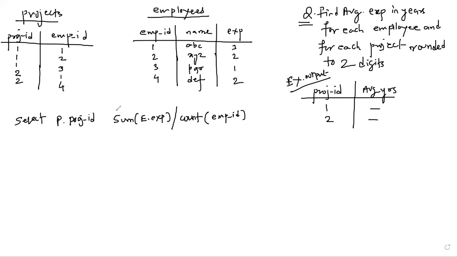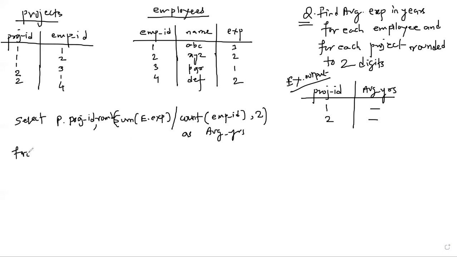And this we are rounding, so we'll use the round function also to 2 decimal places as average years.